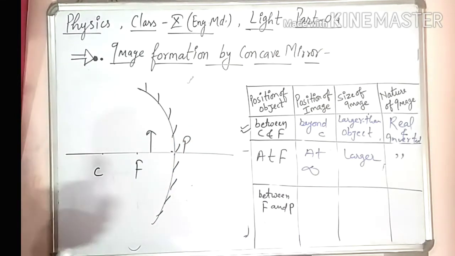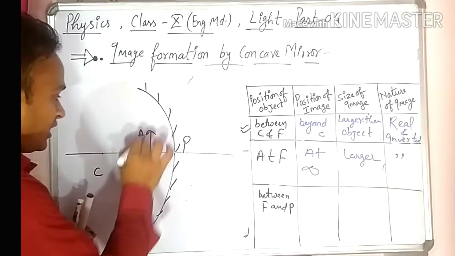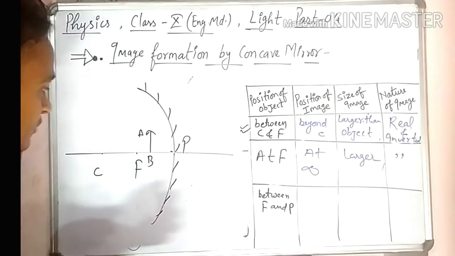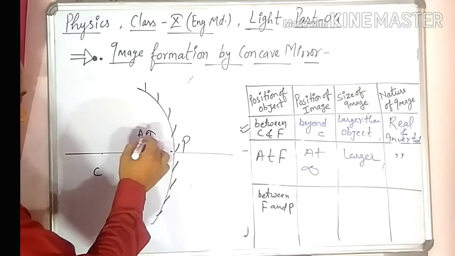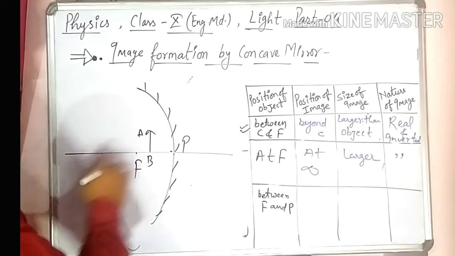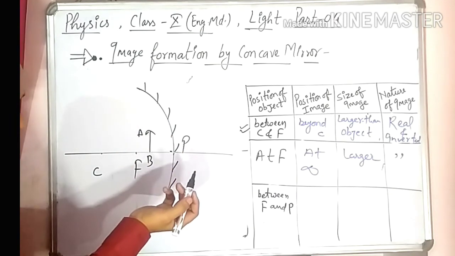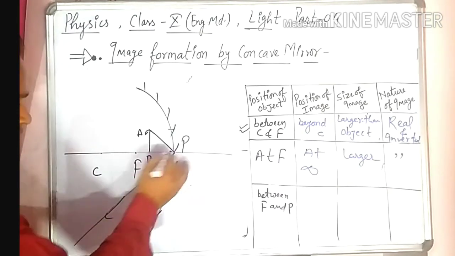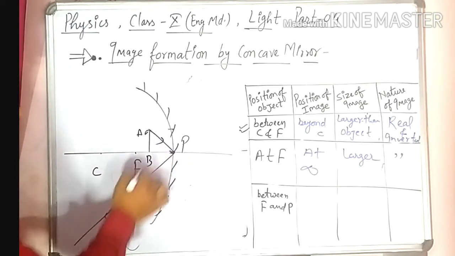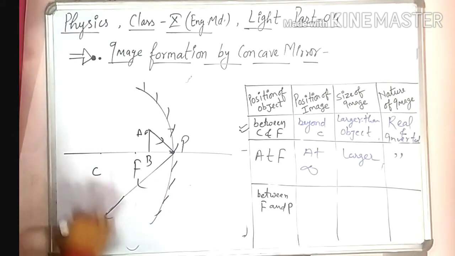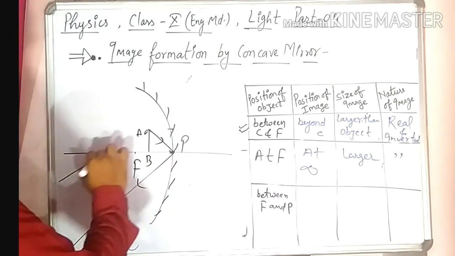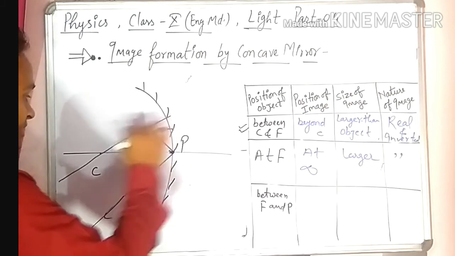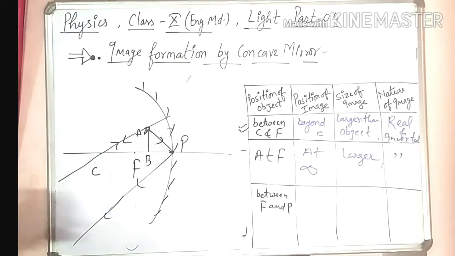Take the position of the object here, A B. First, from the pole, draw a ray of light that will reflect with the same angle. Another, draw a ray of light from the center of curvature.